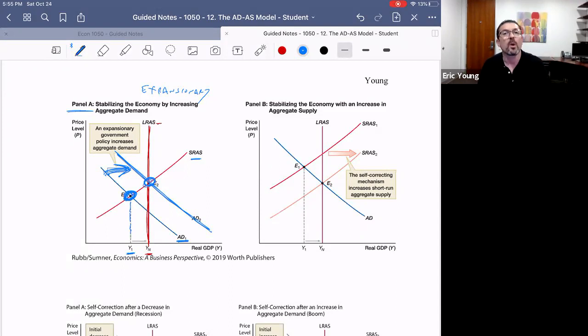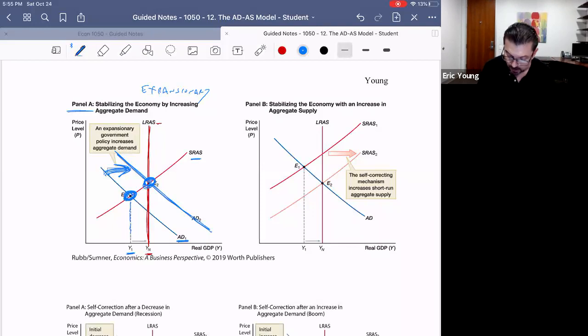Okay, so that's the way that we would map out expansionary policies. We use them in recessionary gaps to move AD to the right to try to get us from a short-run disequilibrium to a long-term equilibrium.